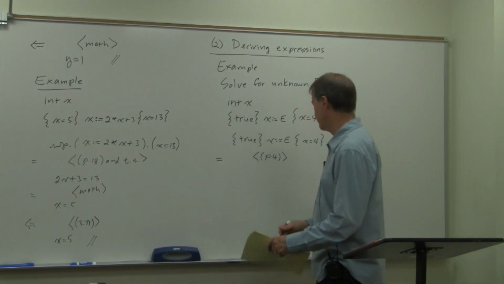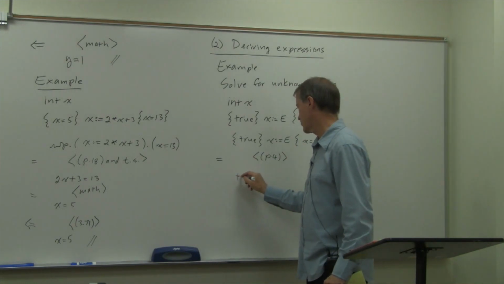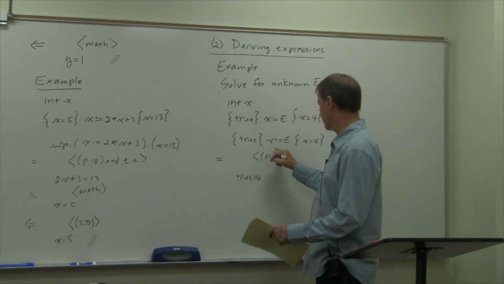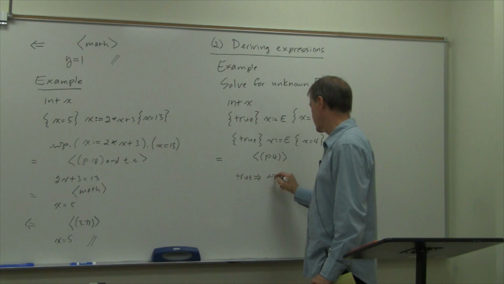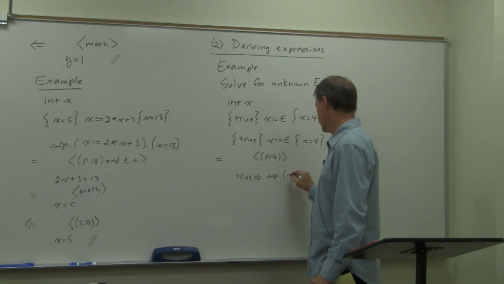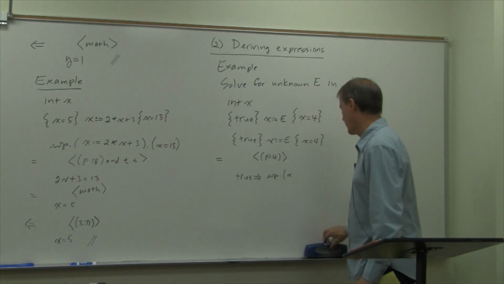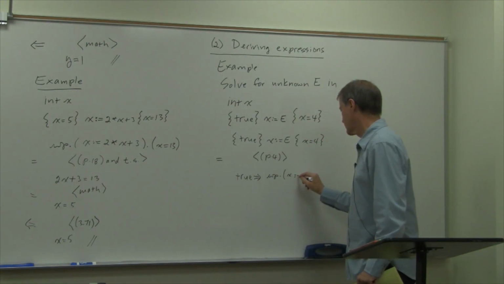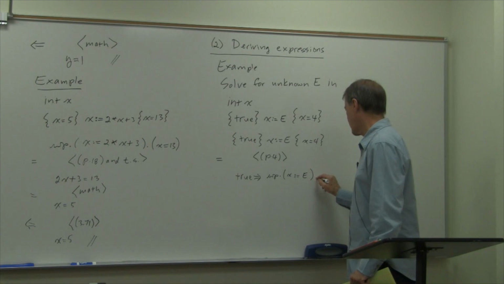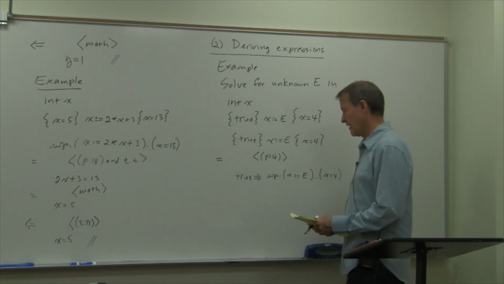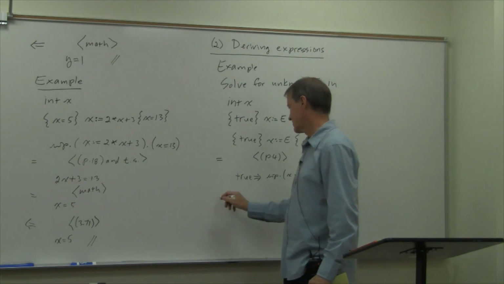So what would that be? True implies the weakest precondition of x gets E with postcondition x equals 4. All right, well, what about this true implies?